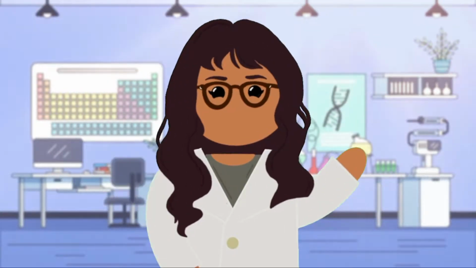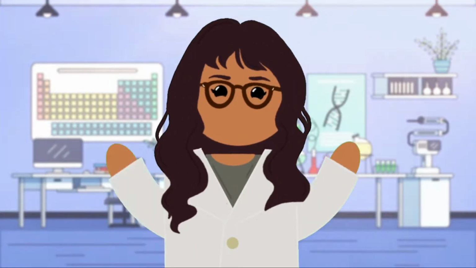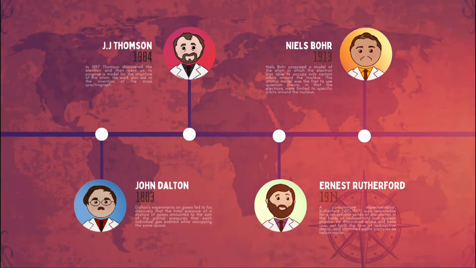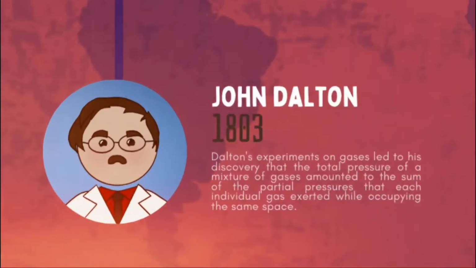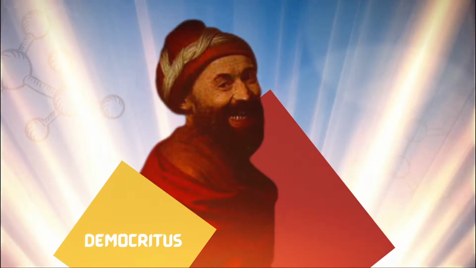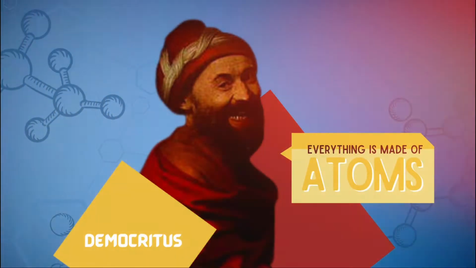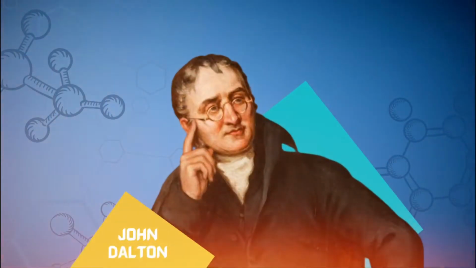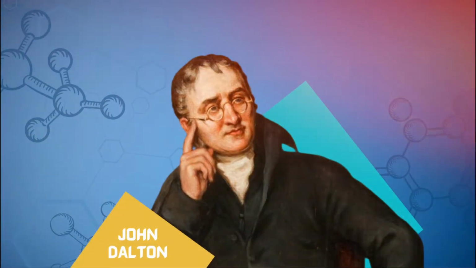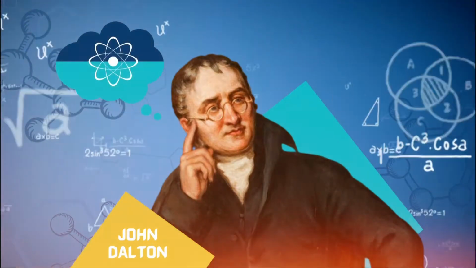Before we get to the parts, let's first know the history of the atomic model. John Dalton, 1803. Although Democritus outlined the idea that everything is made of atoms, it was English chemist John Dalton who first began to develop a more scientific concept of the atom.